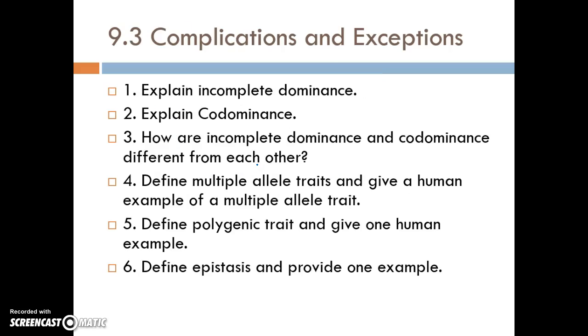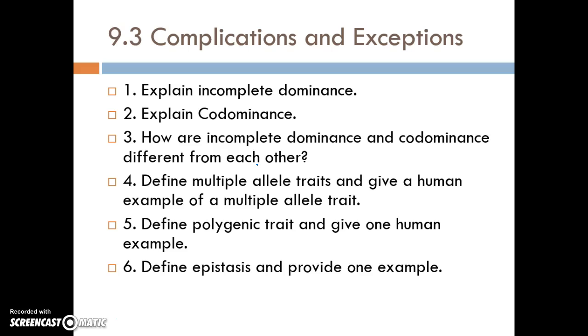Okay, and then here we are with complications and exceptions to the rule. So incomplete dominance, you will need to know the difference between incomplete and codominance. Incomplete dominance is when you blend the traits. So the example we used in class was red flower and white flower, and what will happen is the traits will blend to produce pink. Where codominance is when both traits are dominant.